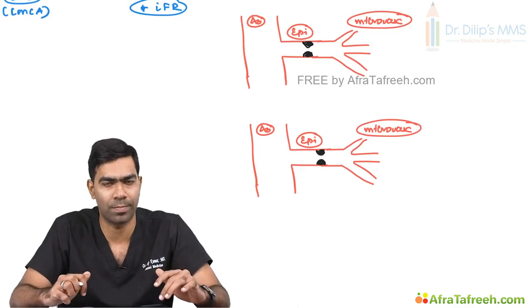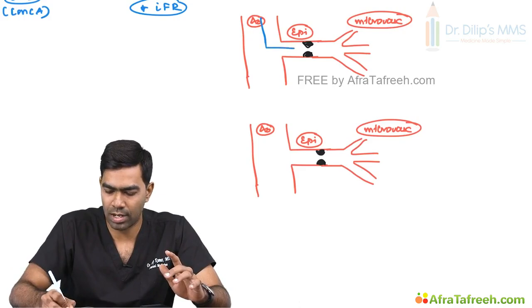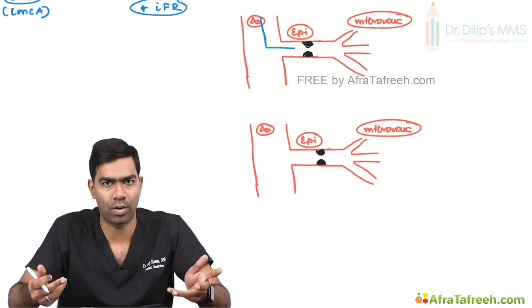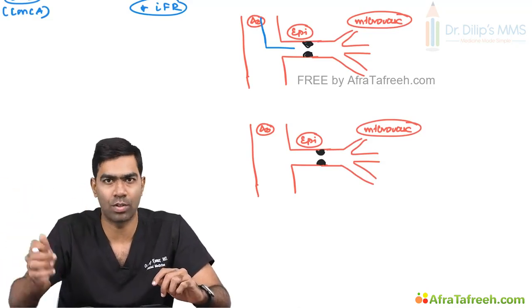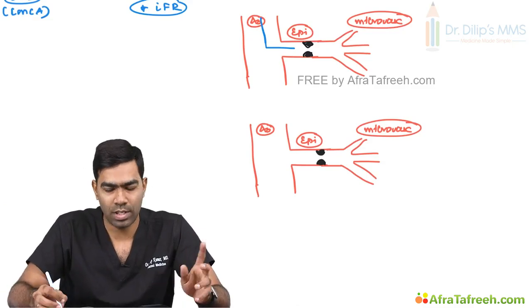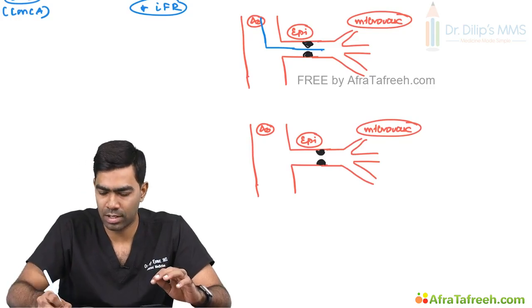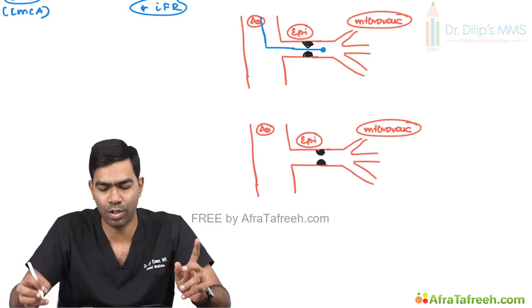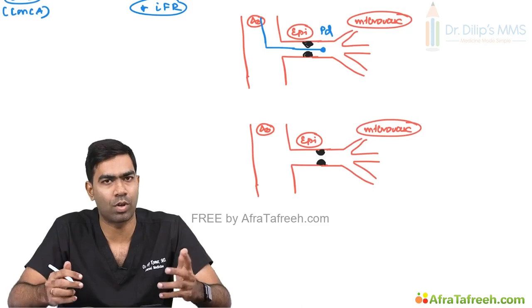What you're really going to do initially when you are putting in a coronary artery catheter is first go into the aorta, then enter the coronary ostium and into the coronary vessels, and you put in a dye and see a stenosis there. Once you see a stenosis, you push the catheter distally, and you have a transducer there, and you measure the pressure in the distal zone, that is the distal pressure, called PD.